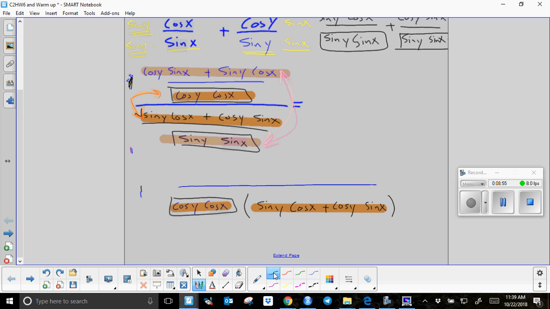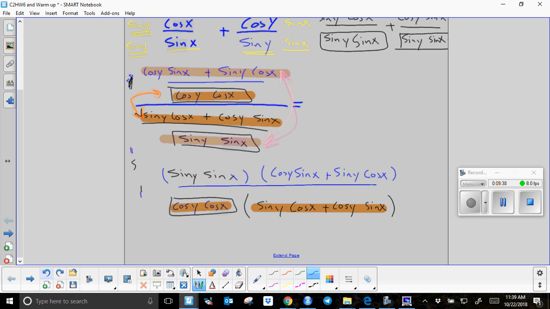So you would write sine y and sine x. Sine y, there you go. Sine x, and box it. This is here, right? You see that? Then you multiply by parentheses cosine y sine x plus sine y cosine x. Let's not put it in the box. Multiply cosine y sine x plus sine y cosine x. Correct.